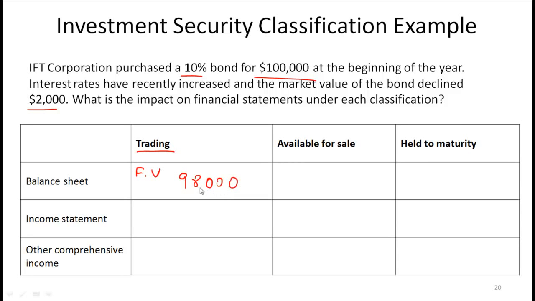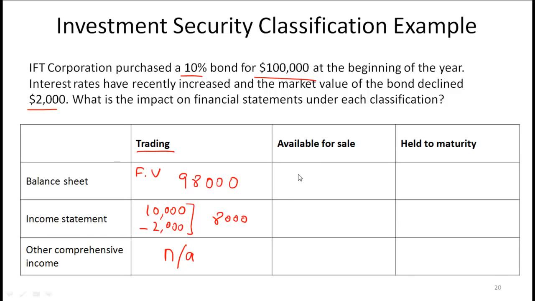On the income statement for a trading security, the first thing that we show is the interest income. 10% of 100,000 would be 10,000. Plus, since this is a trading security, we also need to show unrealized gains and losses. In this case, we have an unrealized loss of 2,000. So overall, we have an impact of 8,000 on the income statement. Other comprehensive income is not applicable over here.